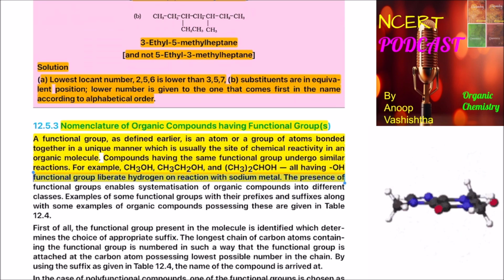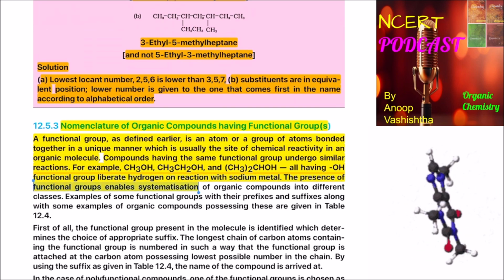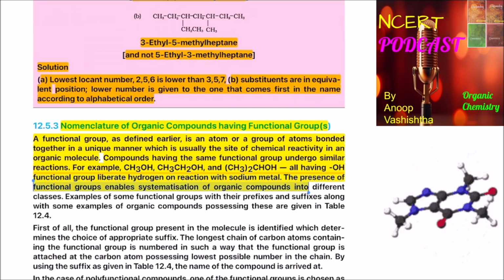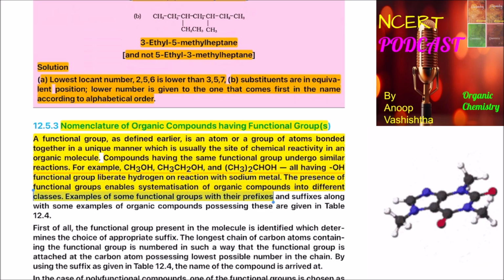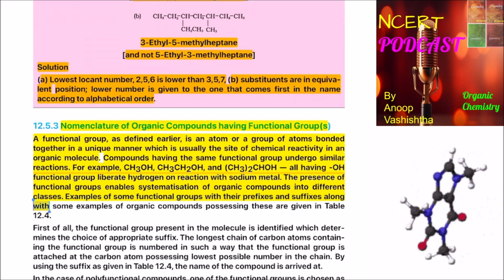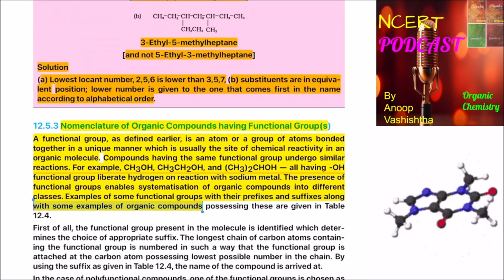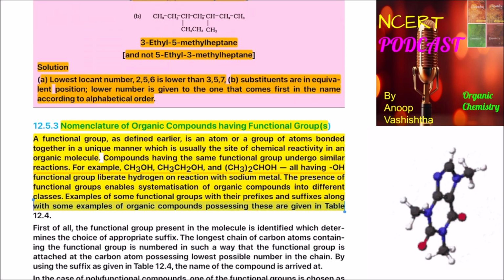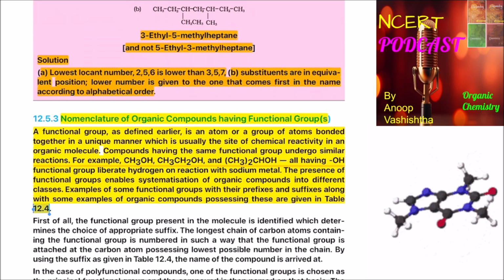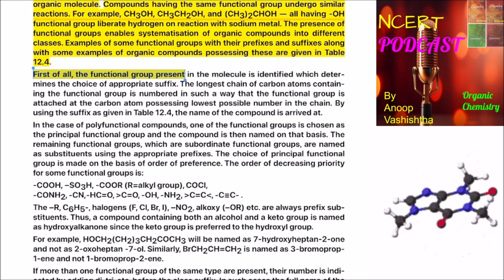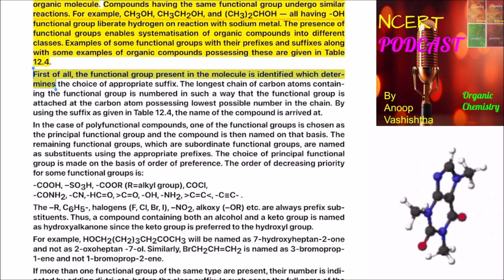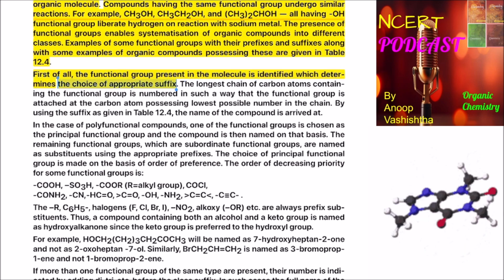The presence of functional groups enables systemization of organic compounds into different classes. Examples of functional groups with their prefixes and suffixes along with some examples of organic compounds possessing these are given in table 12.4. First of all, the functional group present in the molecule is identified, which determines the choice of appropriate suffix.